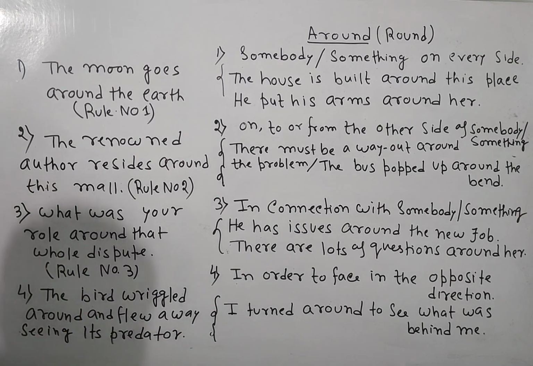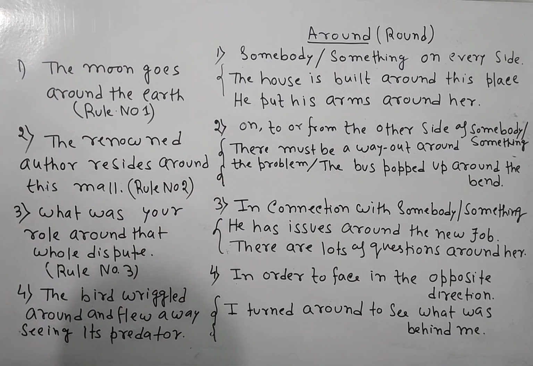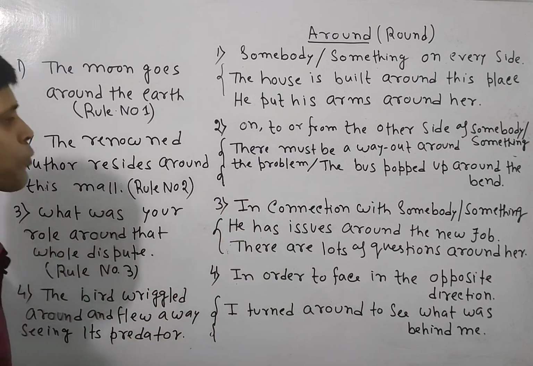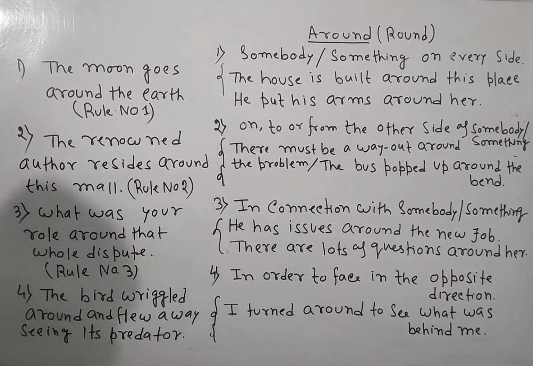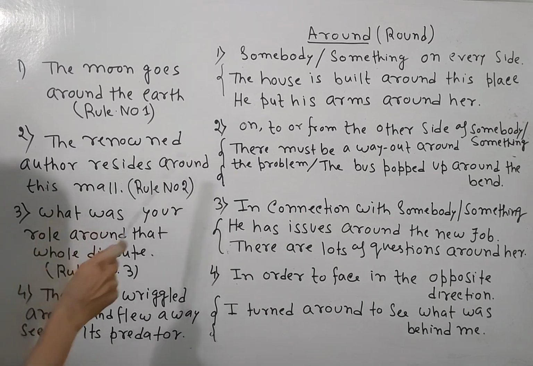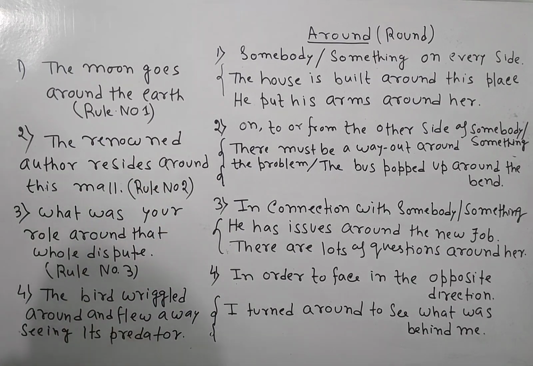Around this mall means on the other side of the mall. This means rule number 2 is applicable here. I already told you that while mentioning on to or from the other side of something, here something refers to the mall. So again I am repeating, the renowned author resides around this mall. Here around means on the other side of this mall or of that mall, whatever you say.